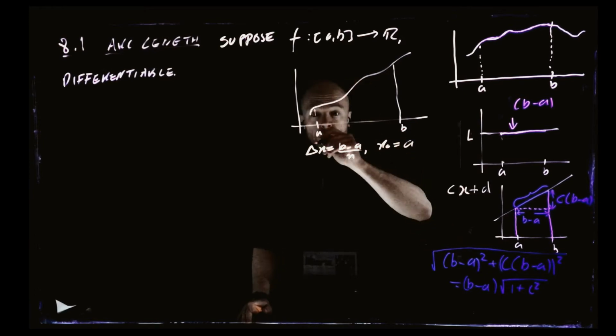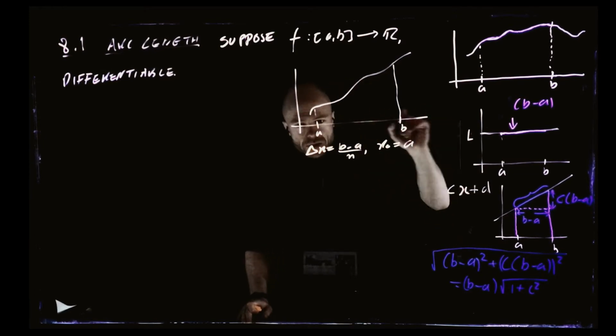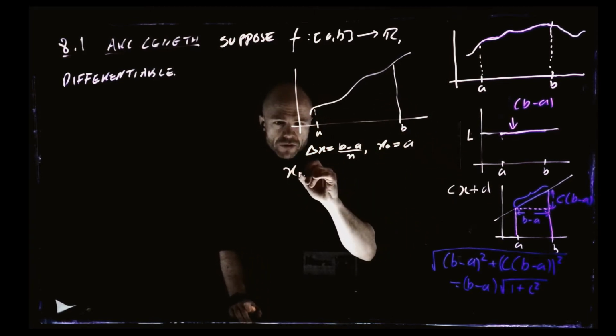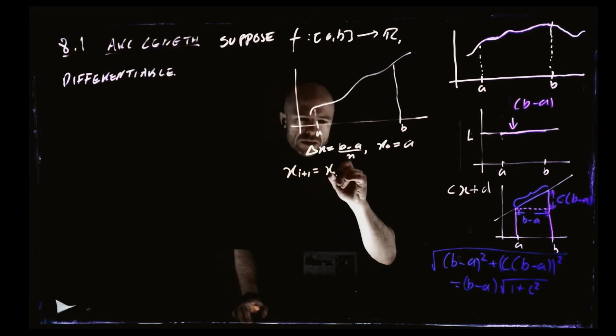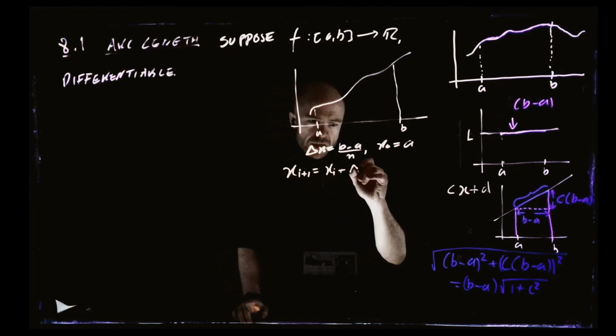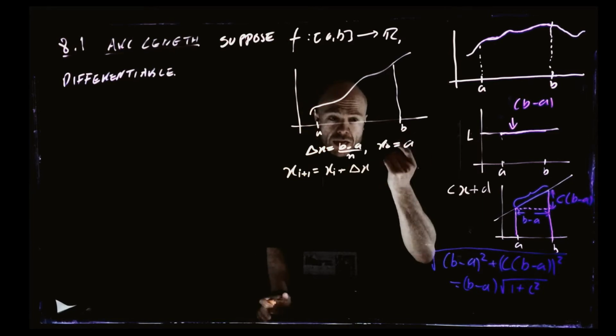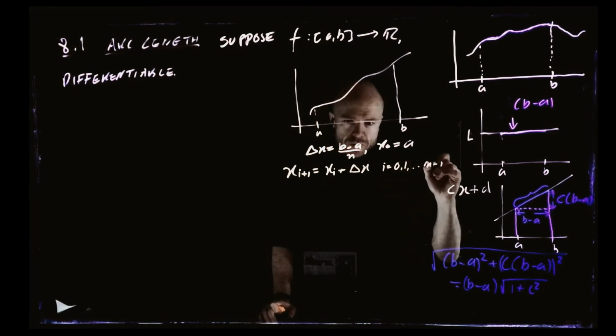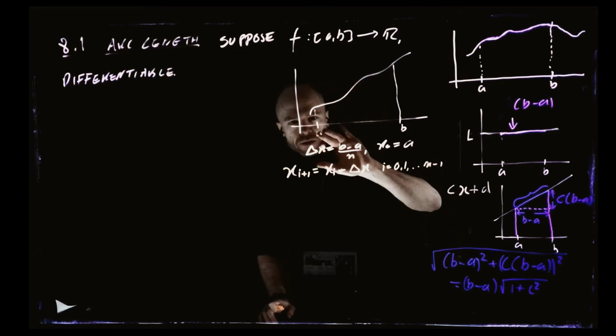Then we're going to define all these little pieces going across, cutting up this interval a to b into equal sizes. So this is our first guy, x0. We're going to define x_{i+1} to be equal to x_i plus delta x, for i equal to 0, 1, all the way up to n minus 1. You all saw this before.